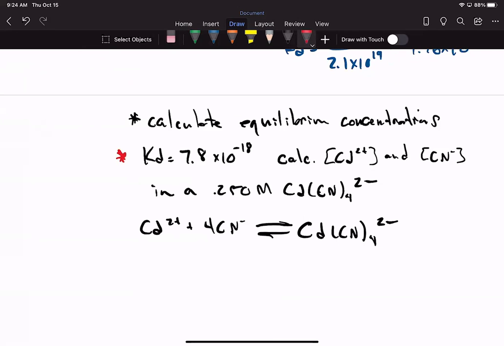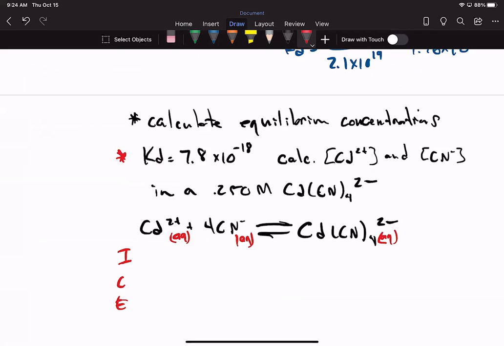Let's take a look at this. Ice table for this. They're all aqueous. This is aqueous. This is also aqueous.